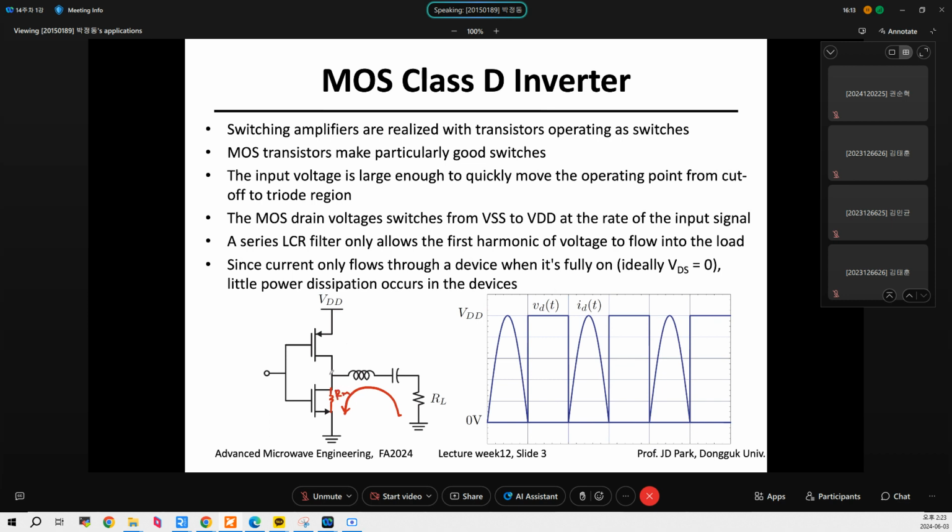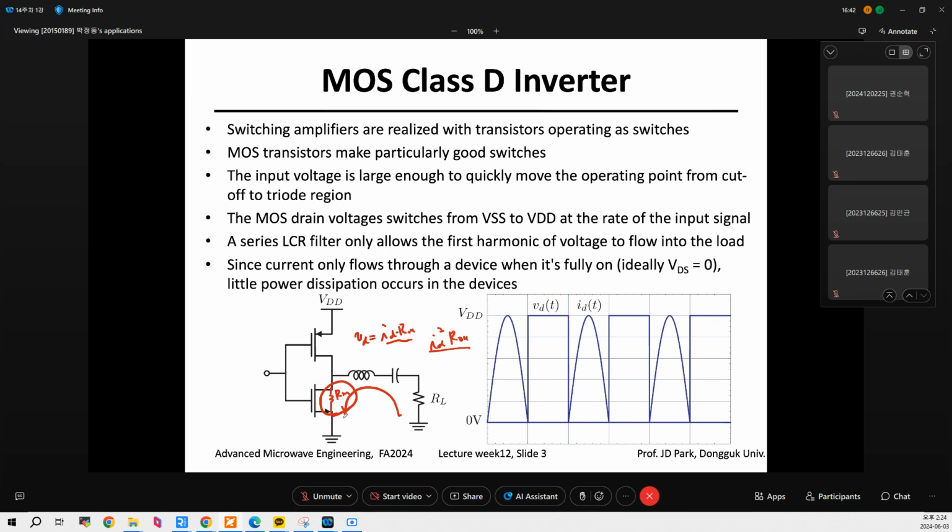Therefore, the voltage VD is ID multiplied by R on, which gives power consumption of this amount. So definitely, for a switching power amplifier, the efficiency is determined by the on resistor.